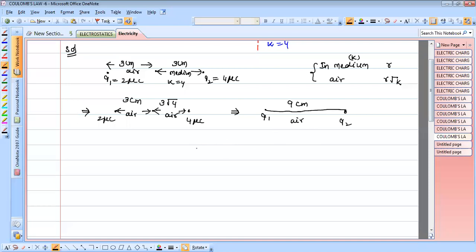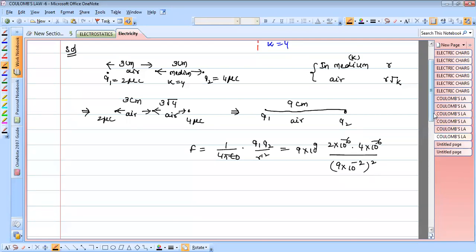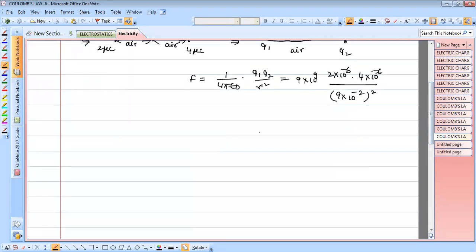Now the force equals 1 by 4 pi epsilon naught Q1 Q2 by R dash square. This 1 by 4 pi epsilon naught is 9 into 10 power 9. Q1 is 2 microcoulomb, meaning 10 power minus 6. Q2 is 4 microcoulomb, meaning 10 power minus 6. R dash is 9 centimeter, that's 9 into 10 power minus 2, whole square. All are in SI units.